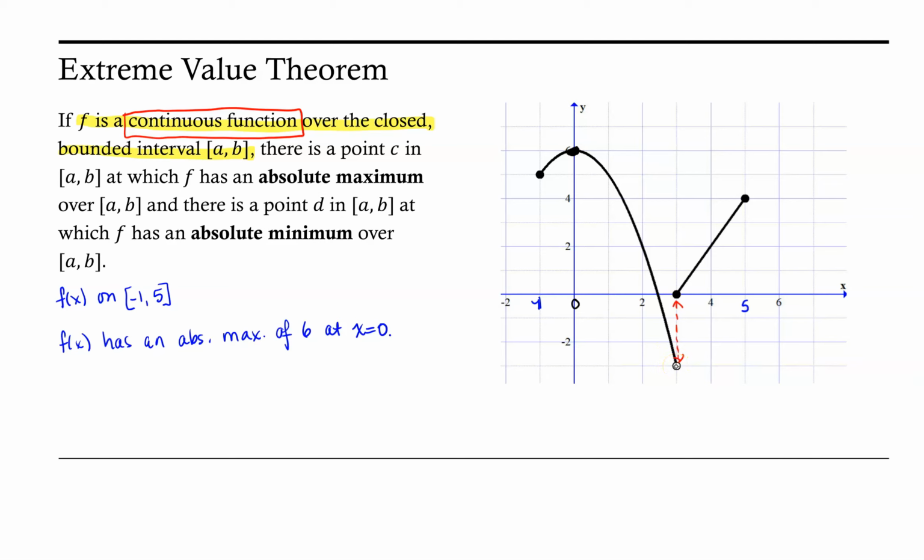So for that reason, because this never actually attains a y value of -3, and if it did, that would be our absolute minimum, but it doesn't, so it can't be our absolute minimum. We have to say that f of x does not have an absolute minimum.